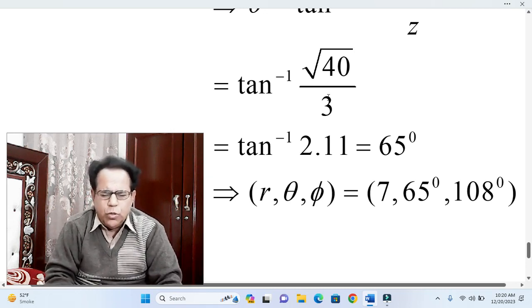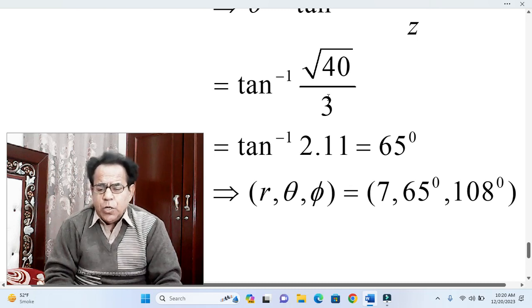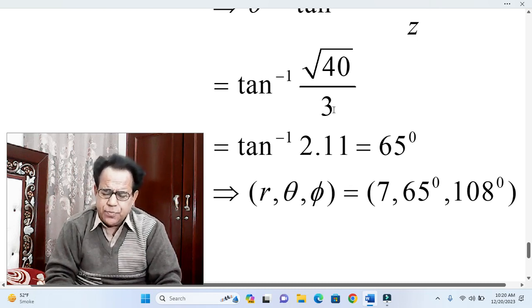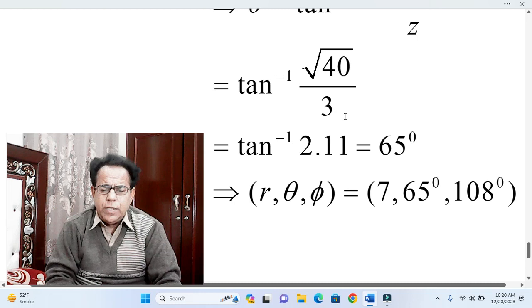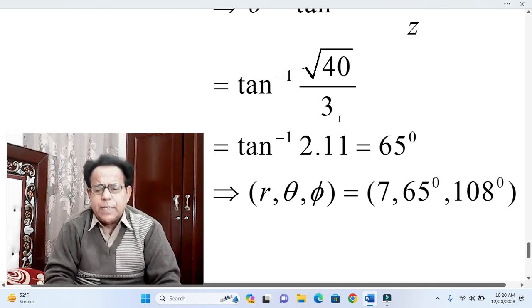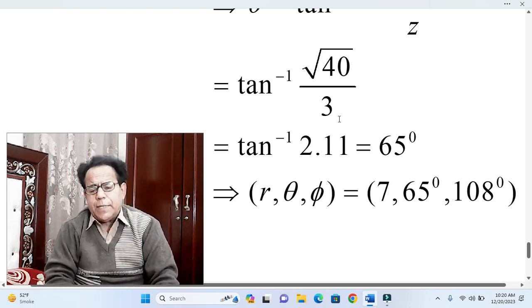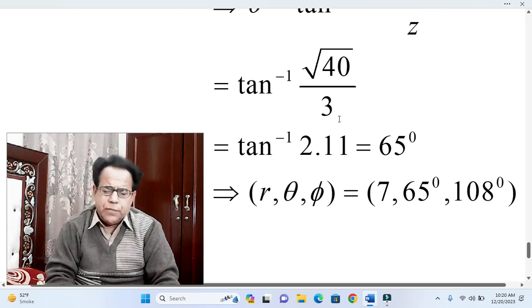No worries, no mistake. Such problems are typed in MathType software where copy paste is used again and again, so this little portion has been copied and pasted twice.